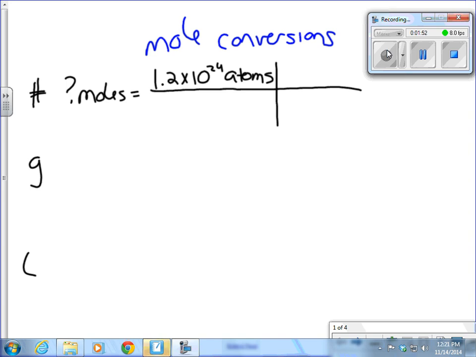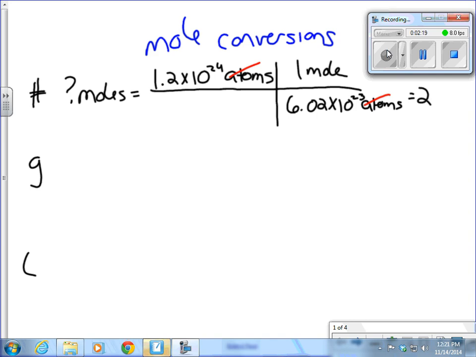How many atoms are in 1 mole? Well, anything. 6.02 times 10 to the 23rd things are in 1 mole, just like 12 are in a dozen. Okay? My atoms, I'll write them down. My atoms cancel, and I'm left with moles on top. So 1.2 times 10 to the 24th divided by 6.02 times 10 to the 23rd should give me 2.